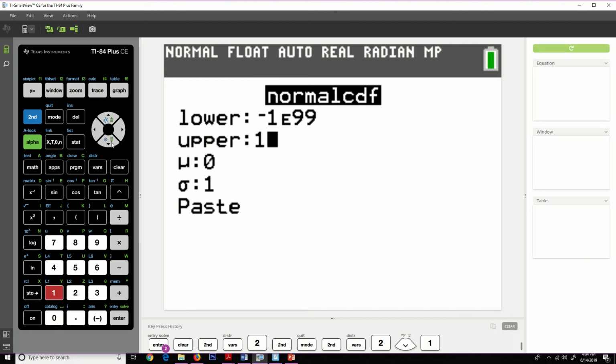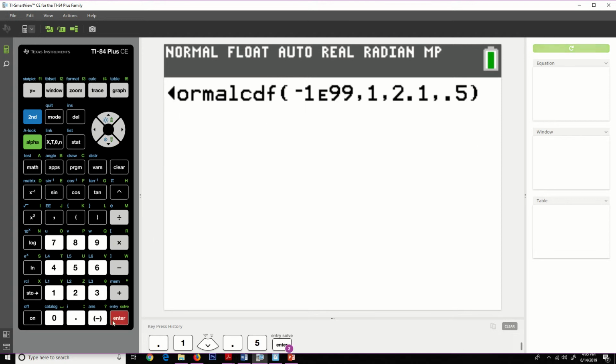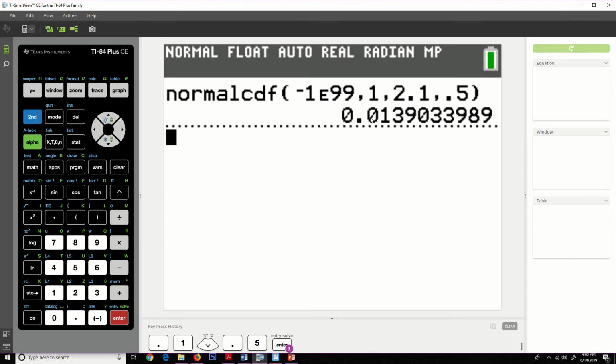And here is also a change. The standard normal curve has a mean of 0 and a standard deviation of 1, but this particular problem does not. So we're going to go 2.1 there for our mean, and then 0.5 for our standard deviation. We're going to hit paste, and we can see that it plugs all that in for us into the graphing calculator, and we get this number here.